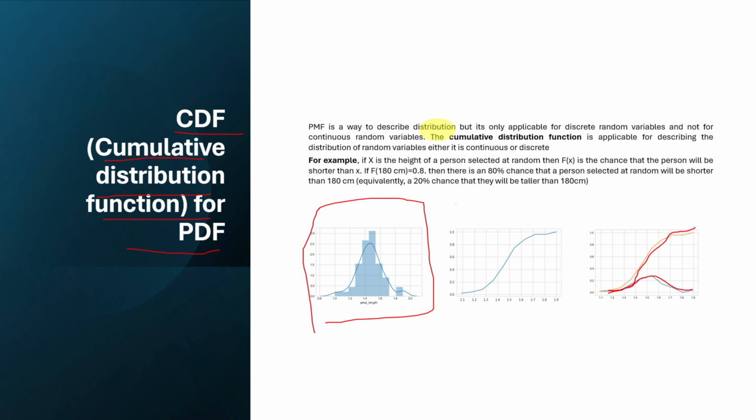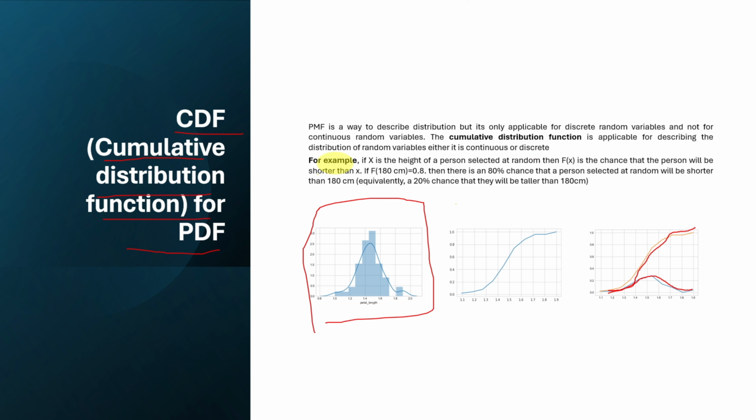PMF is a way to describe distribution, but it is only applicable for discrete random variable and not for the continuous random variable. The cumulative distribution function is applicable for describing the distribution of random variable, either continuous or discrete.